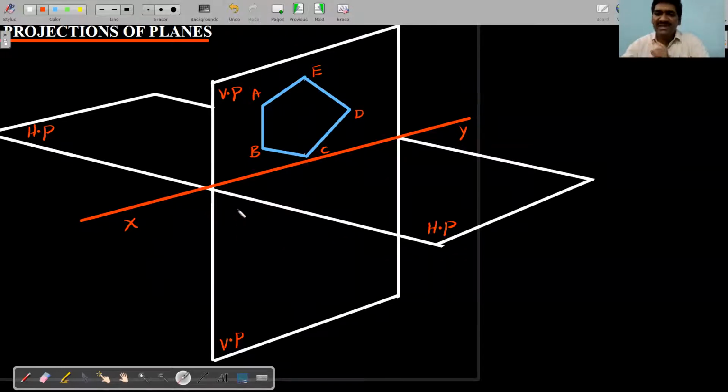Yes. Therefore I can say this is perfectly parallel to the vertical plane.